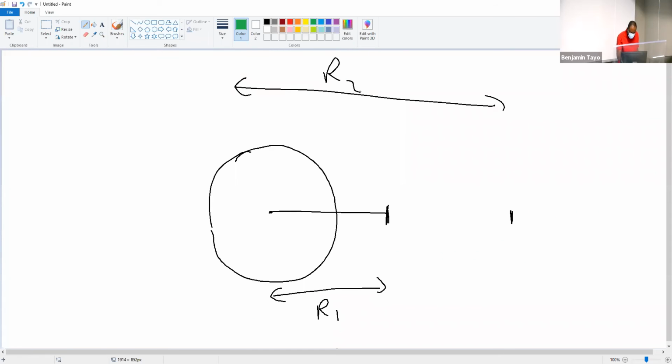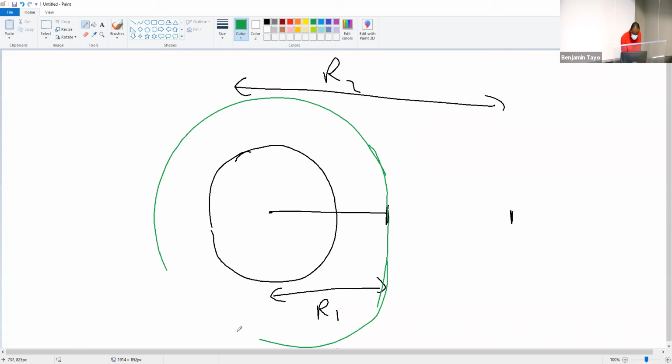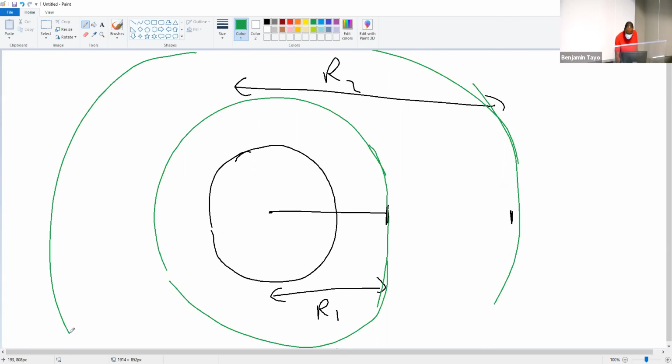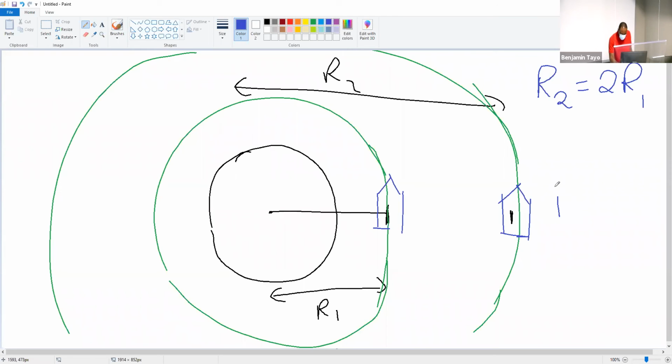So let me assume that R2 is twice R1. Then you see that the force at point 2 is equal to 1/4 the force at point 1.